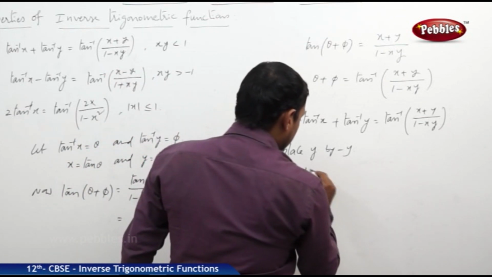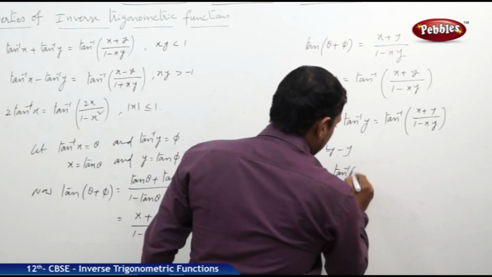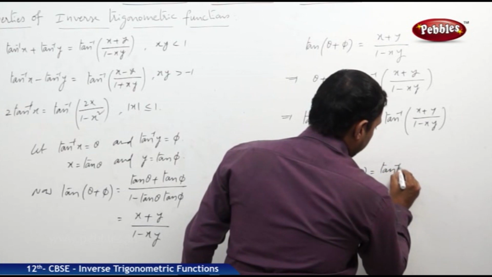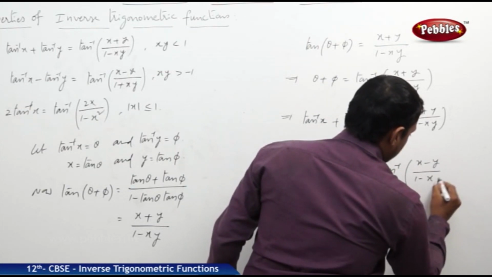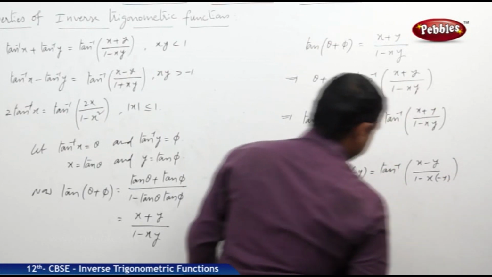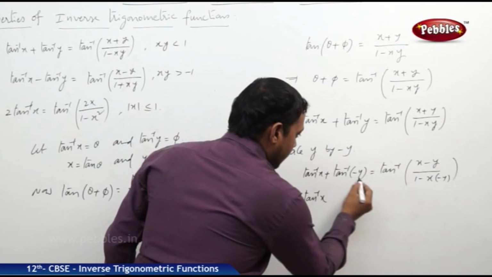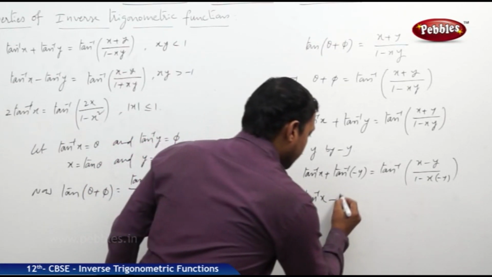So tan inverse x plus tan inverse of minus y is equal to tan inverse of x minus y by 1 minus x into minus y. You know tan inverse of minus y is equal to minus tan inverse y. It was already proved.